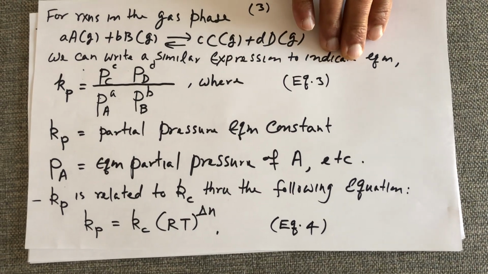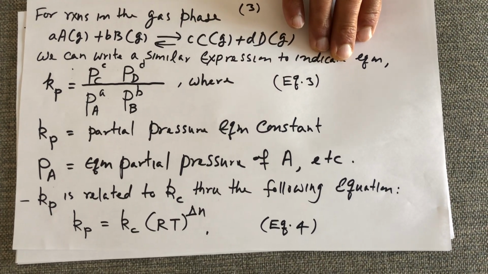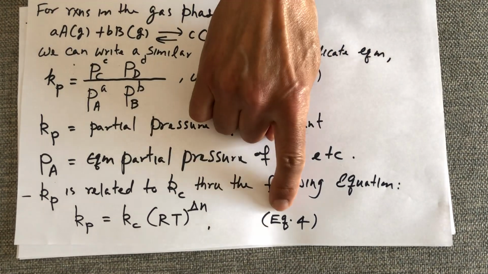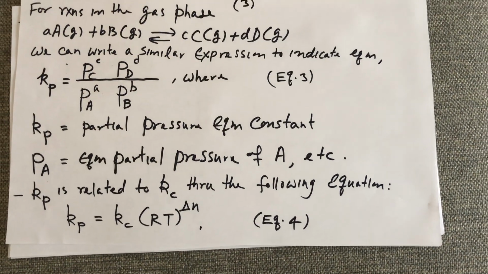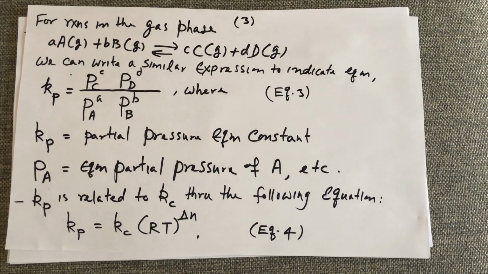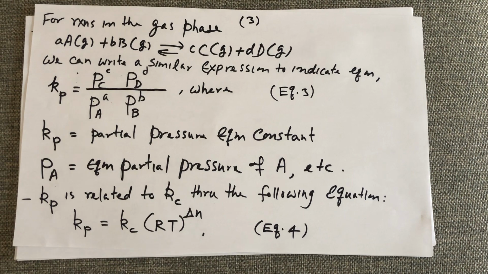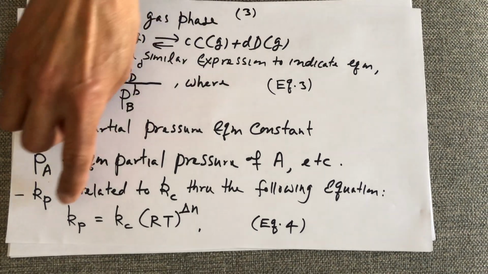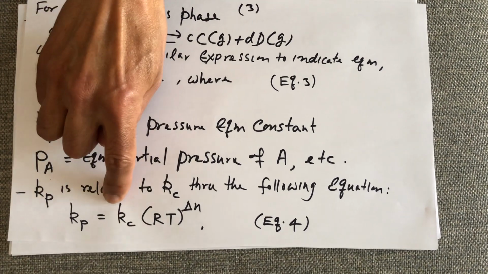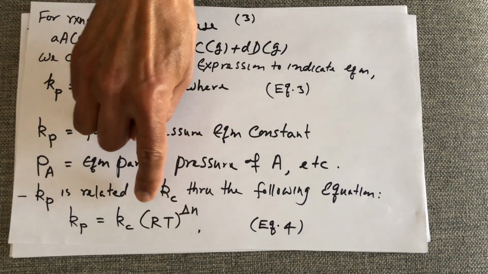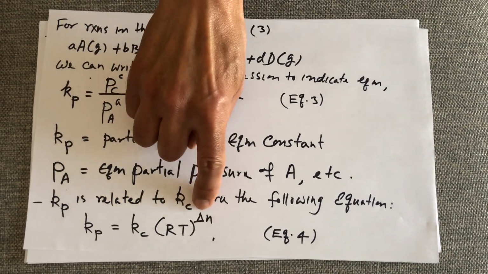And now, another important thing is that Kp and Kc are related through this equation, equation 4. In other words, if you know Kc, you should be able, in theory, to derive Kp from it using this equation. So Kp is equal to Kc times RT to the delta n.